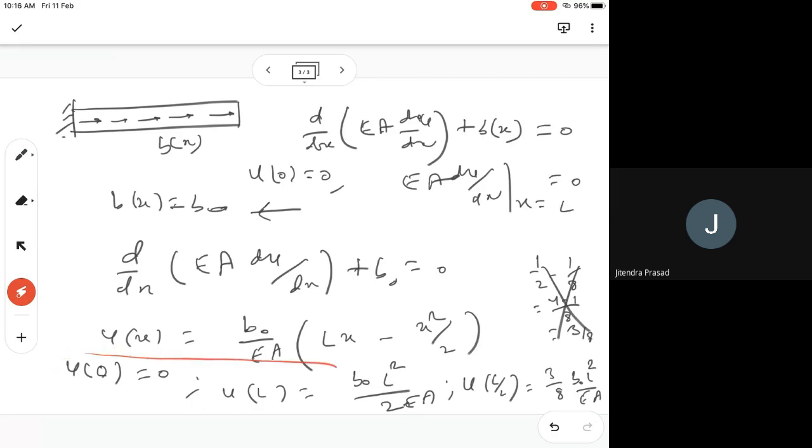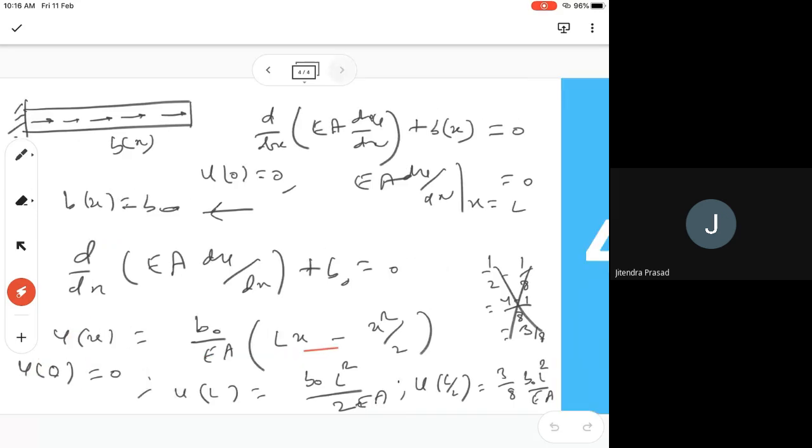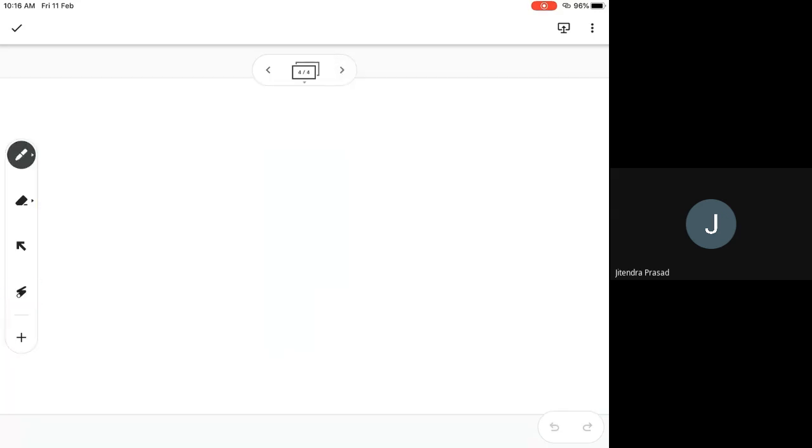We have u at x equal to 0, u at L, and u at L over 2. So these are the exact solution that we know. Now we will compare the solution with respect to different kinds of arrangement.